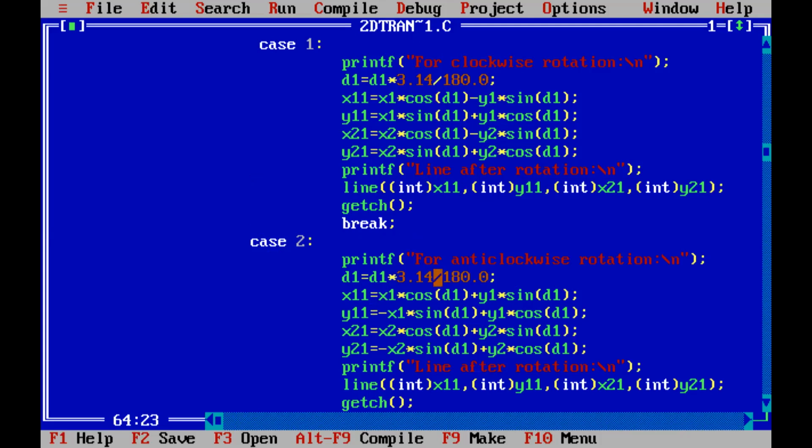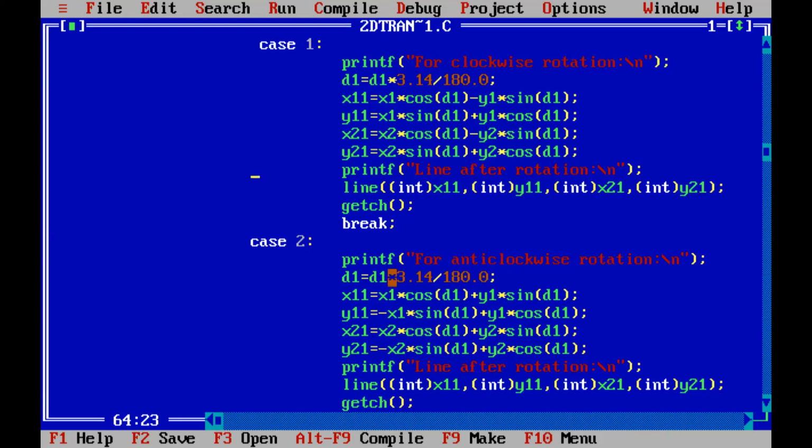Now in case 2, for anti-clockwise direction, only the sign is changing. For cos it is common, but the sign of the sine function changes, and the remaining thing is the same.